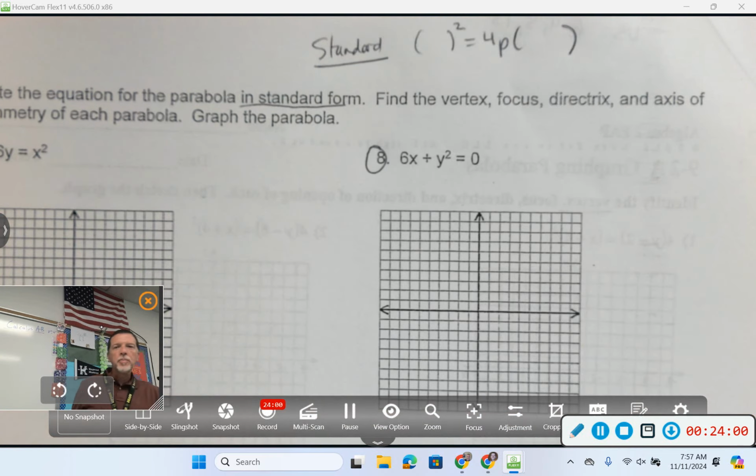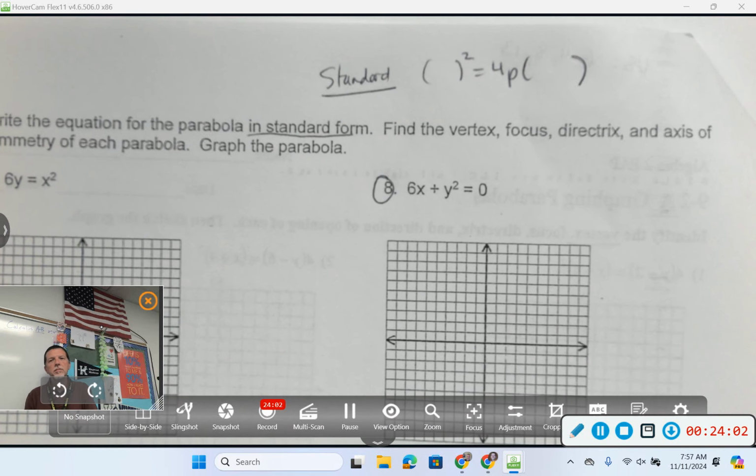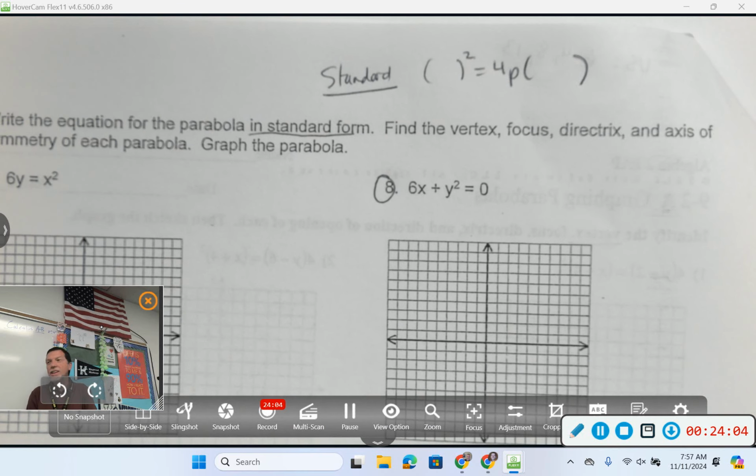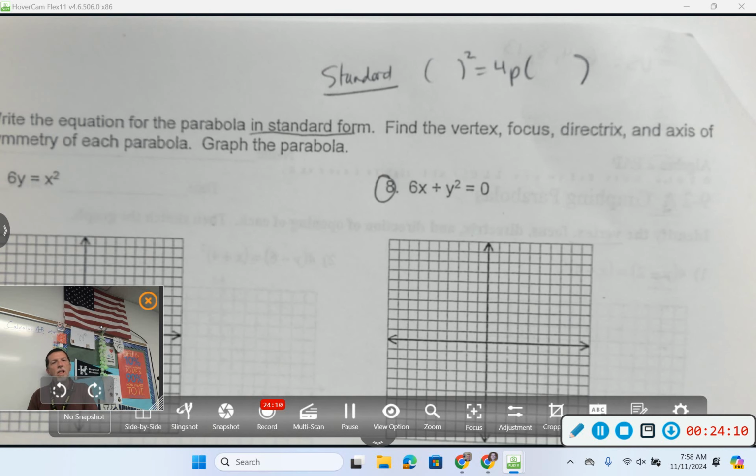Again, one side gets the squared, and one side gets the p, or the 4p. Some of these standard forms are bad. That's true. That's fair. Yes, they should just have one overarching standard. Standard form 1, standard form 2. There should be the 3.